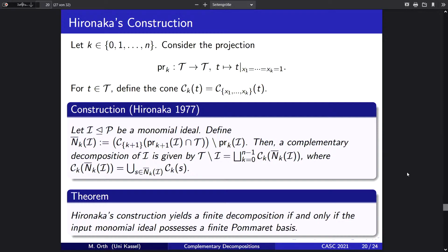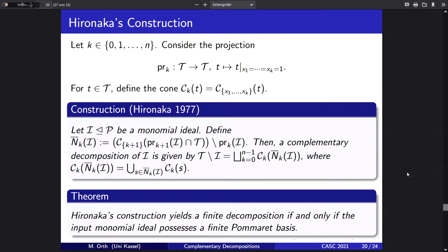Now, we in our work showed that his construction yields a finite decomposition if and only if the input monomial ideal possesses a finite Pommaret basis. The property of having a finite Pommaret basis is also called quasi-stability. So Hironaka's construction gives, in a sense, another equivalent description of the property of quasi-stability for monomial ideals.